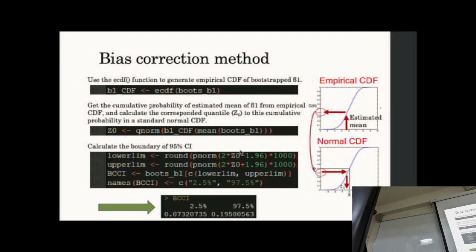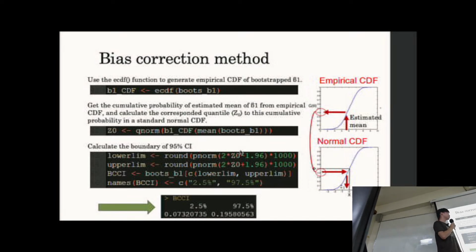We get the corresponding cumulative probability from the empirical CDF corresponding to the observed beta 1 and get the Z0 from this cumulative probability. I use this qnorm function to get the Z0.